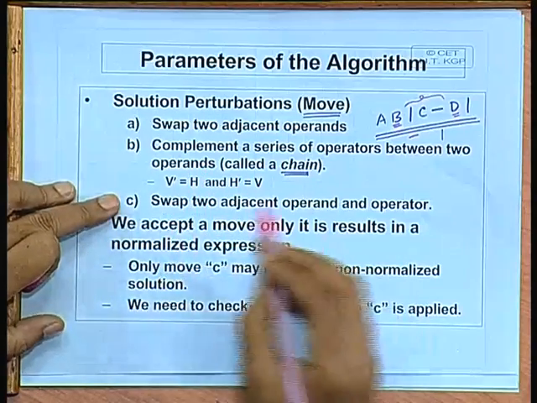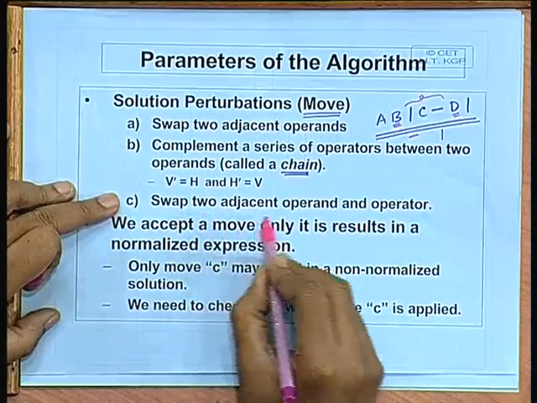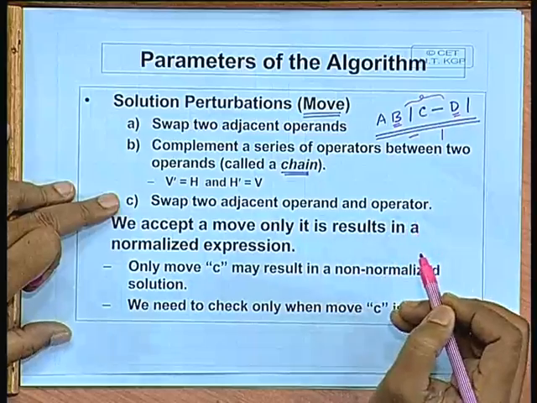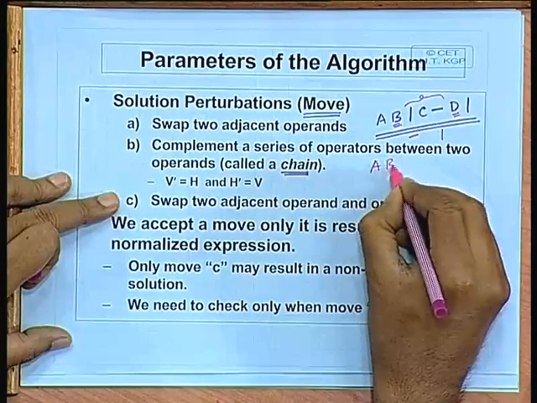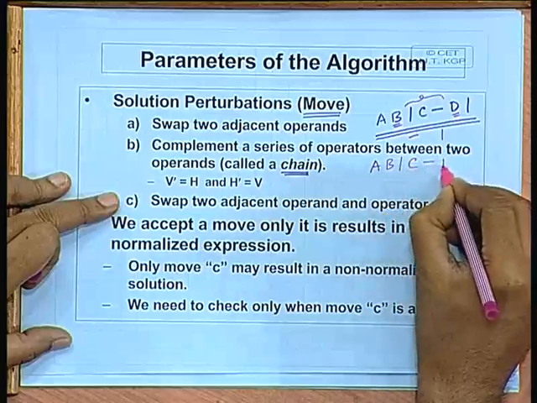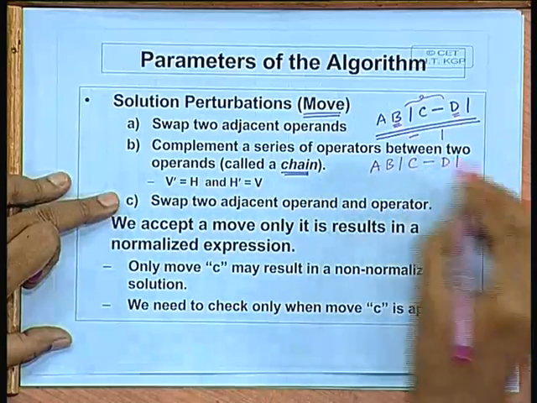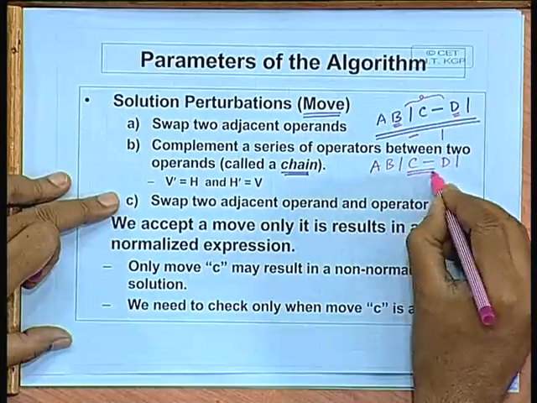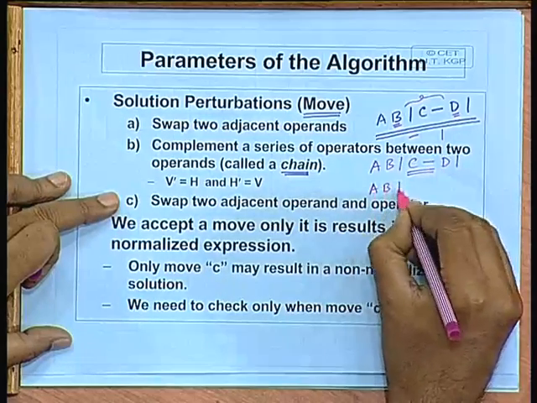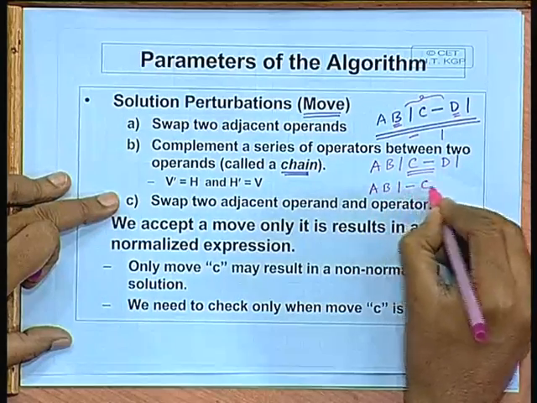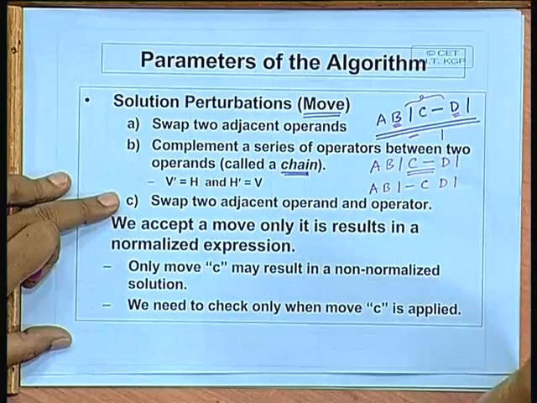And the third one says swap two adjacent operator and operand, which means say your expression was A B bar C dash D bar. Suppose I select these two, C and this bar. So, this will be transformed into A B dash C D bar.